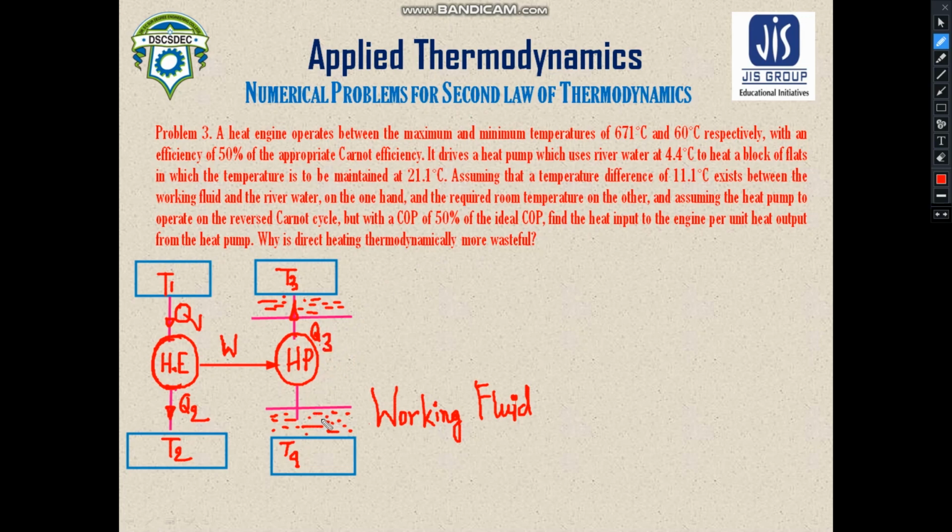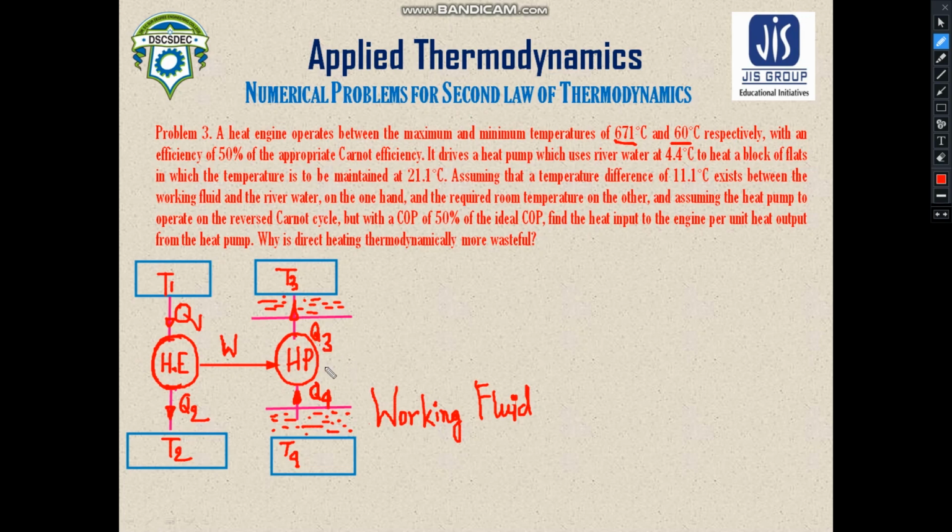So it is Q3, and the heat taken by the heat pump will be Q4. Now what happens here? There is a heat engine which is working between these temperature limits, and it is driving a heat pump. Let us not complicate the problem now.